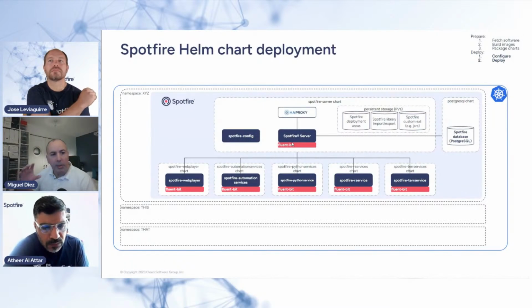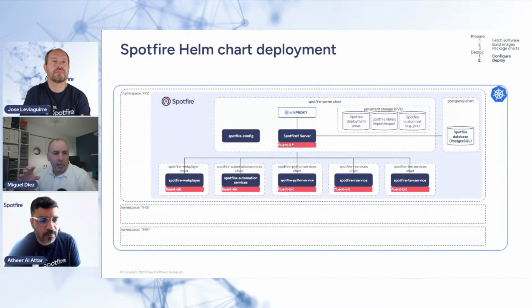A pod is a group of containers. A pod could be just one container or several. In the case of the Spotfire server pod, it contains, sorry for the overloading of the contains, the Spotfire server container and the FluentBit container. You could have more. And there are several patterns for containers.